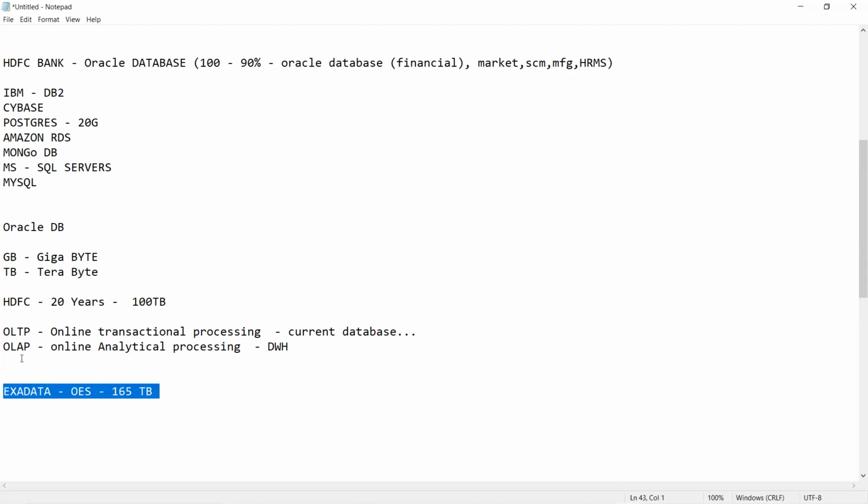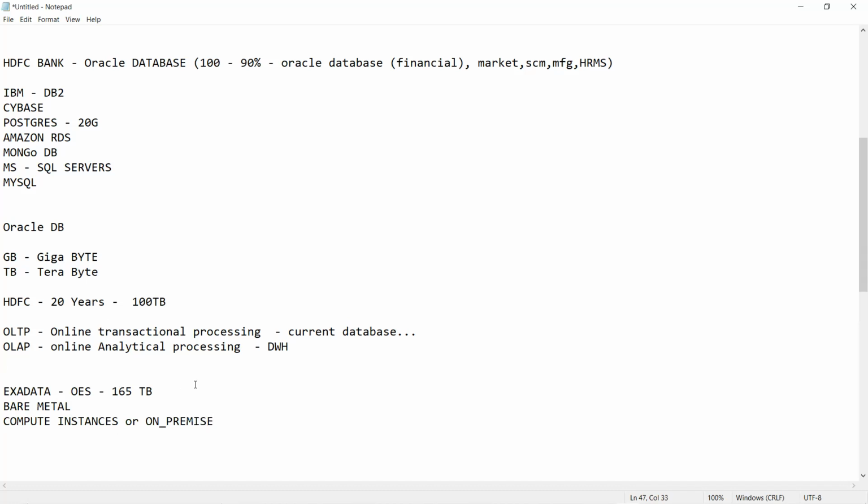Nowadays, everyone outside is using Exadata machines. Below this Exadata, there is one more model called bare metal, and after that we have compute instances, or we can say some on-premise also.